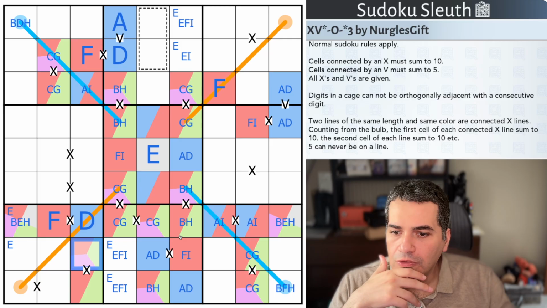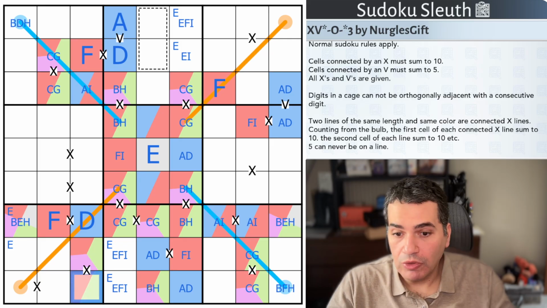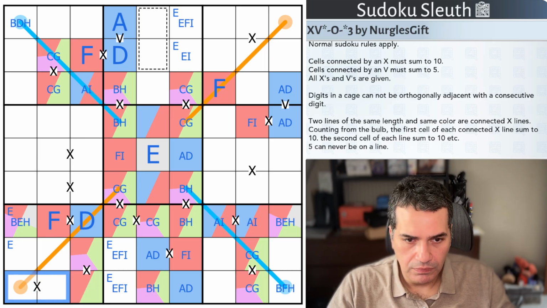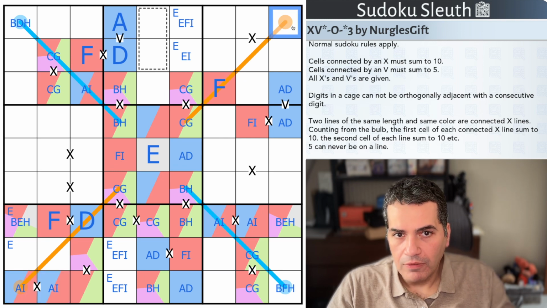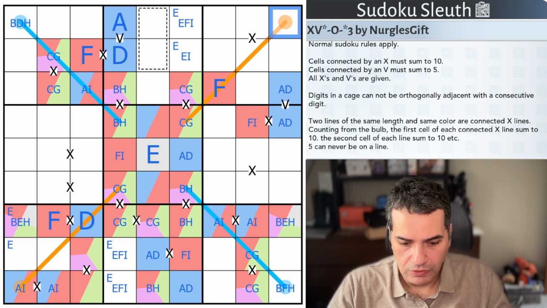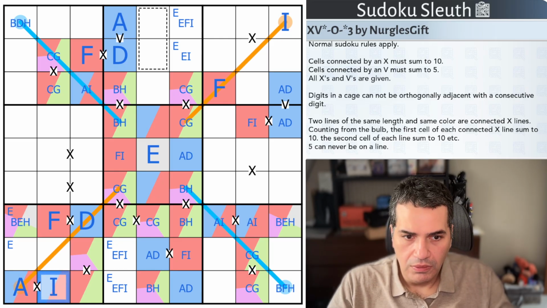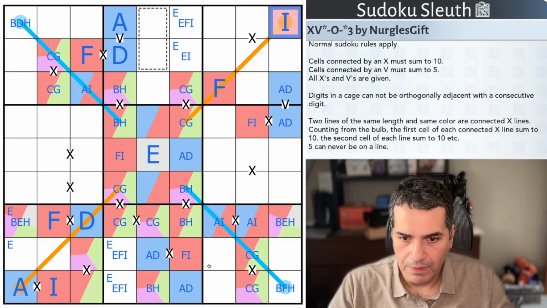Still not enough information to actually do something. Oh, hang on. 3 cells that are from green and red. This is definitely blue. Blue-red. So this is AI. Of course, this can't be A, so this is I. Therefore, this is A, and this is I. I mean, I'm going to say NurglesGift is definitely making it harder.